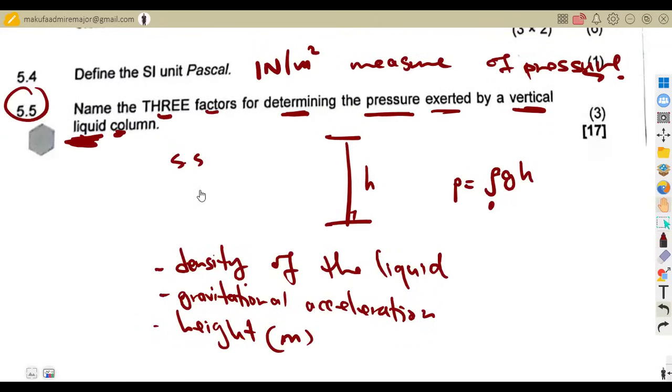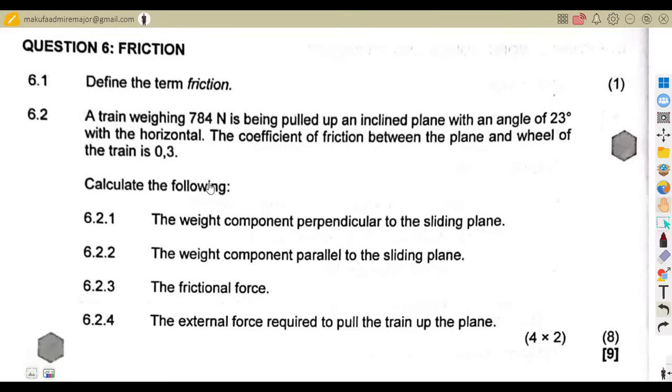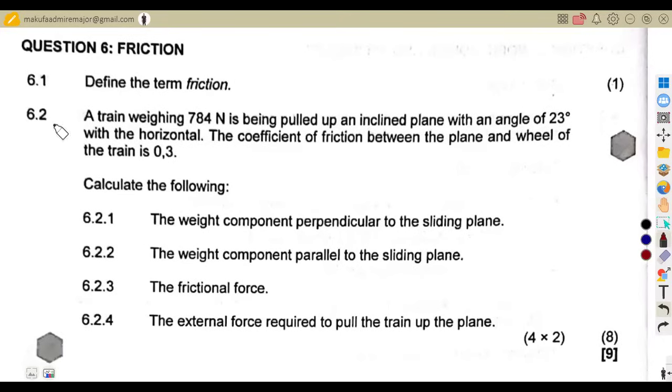Let's check another question, which is question 6, which was on friction. Define the term friction. What do you understand by friction? Friction is simply the resistance to relative motion between two surfaces.